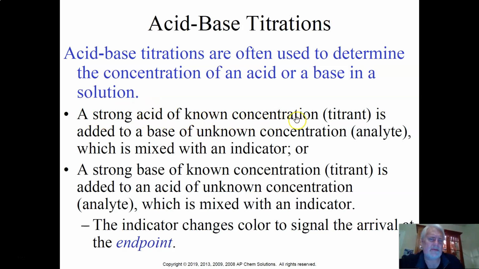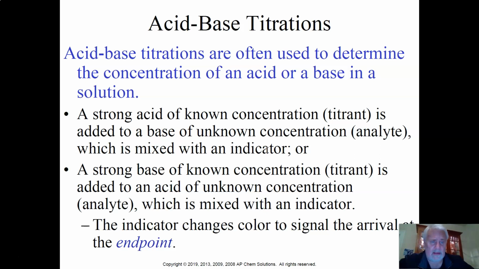A strong acid of known concentration, the titrant, is added to a base of unknown concentration, the analyte, which is mixed with an indicator. Okay, so the analyte is the one that's down on the bottom, and the titrant is the one that you're adding.